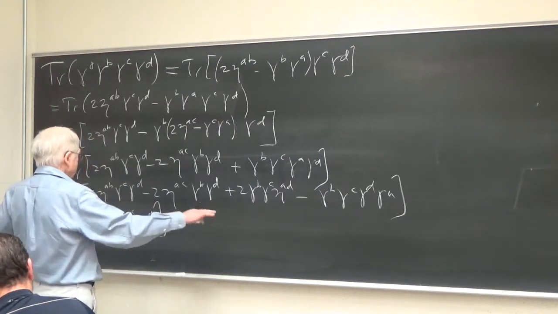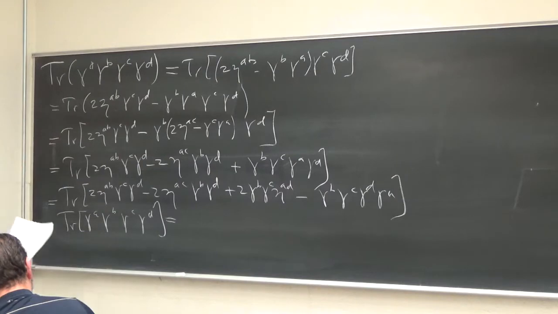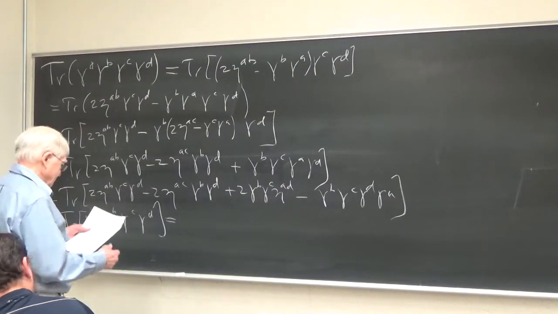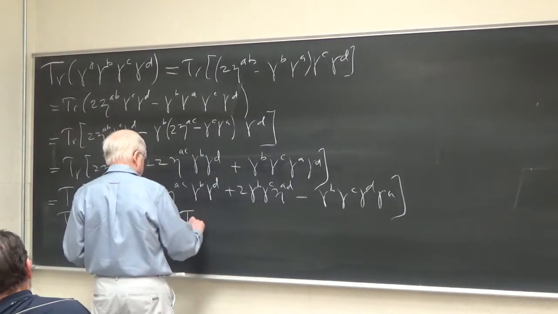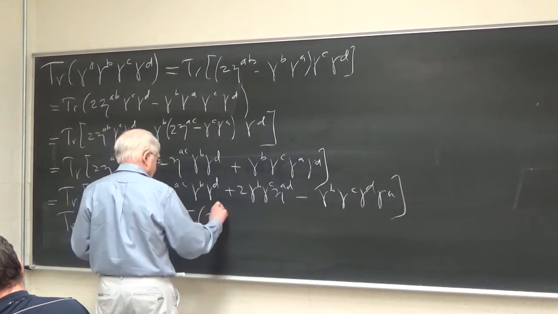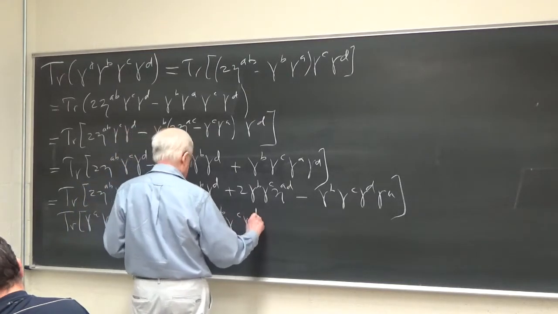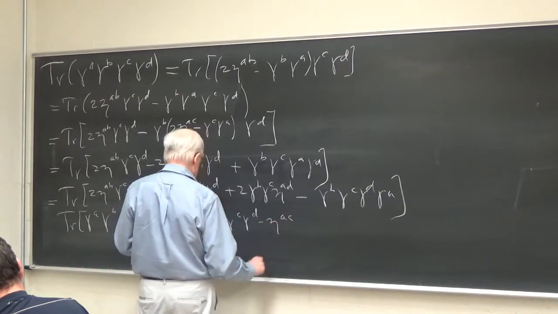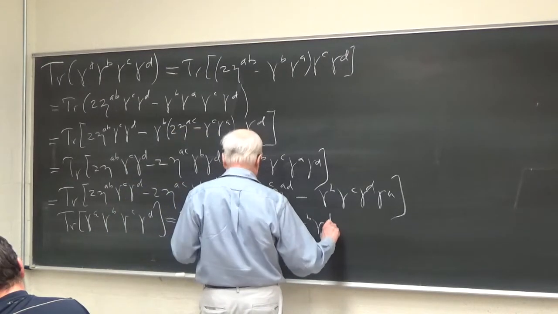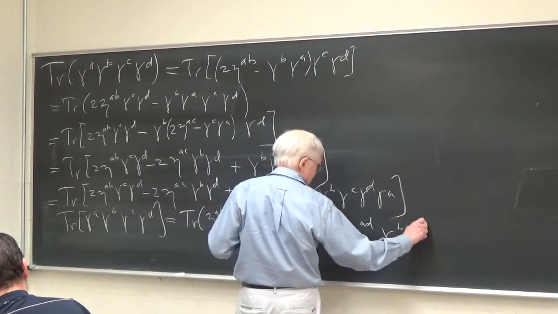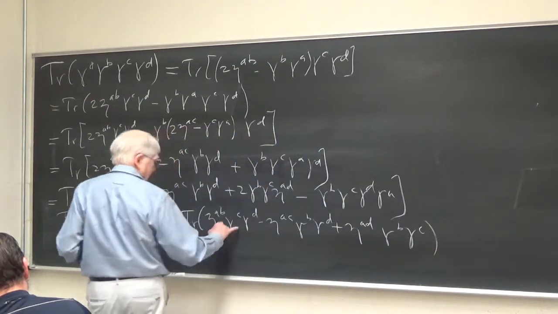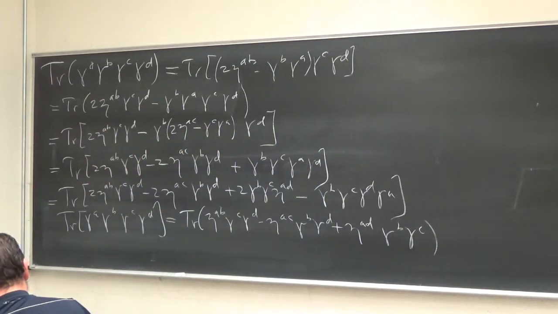and what we have left are traces of etas times gammas. And so this is then a trace of η_AB γ_C γ_D, minus η_AC γ_B γ_D, plus η_AD γ_B γ_C, but the trace of two gammas is, where is it?